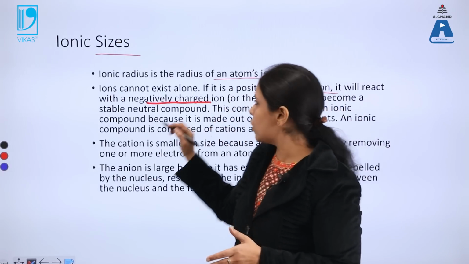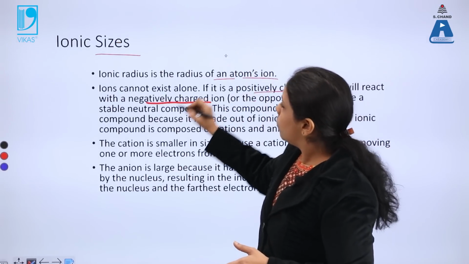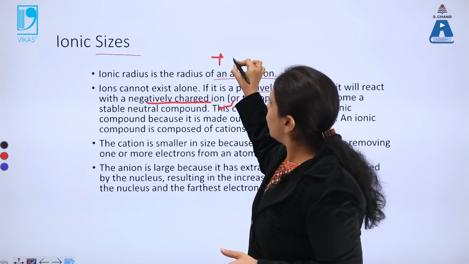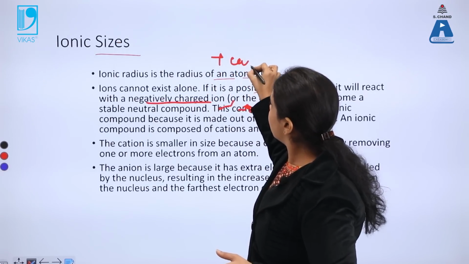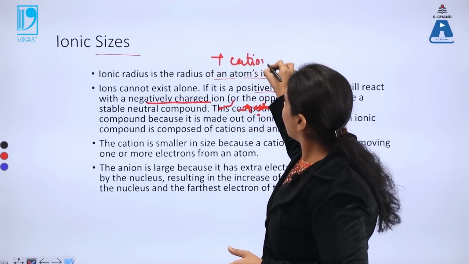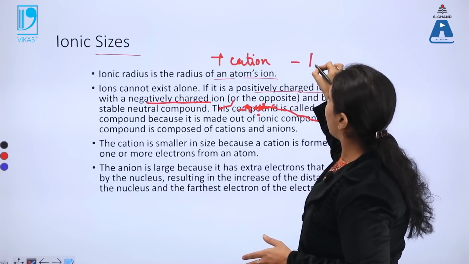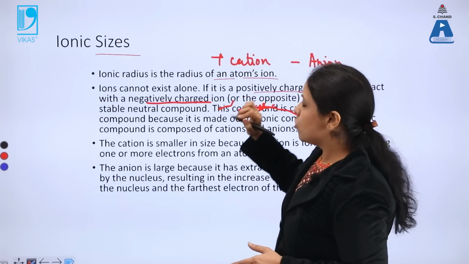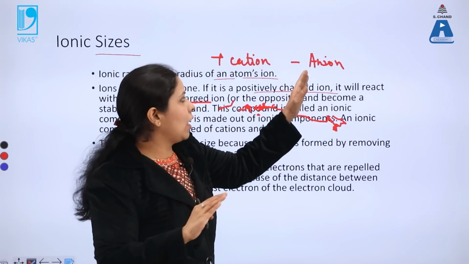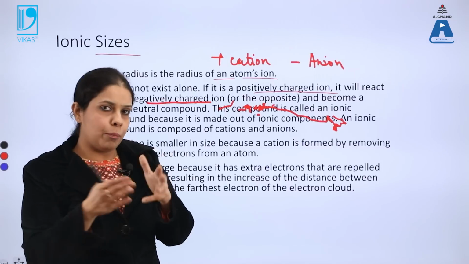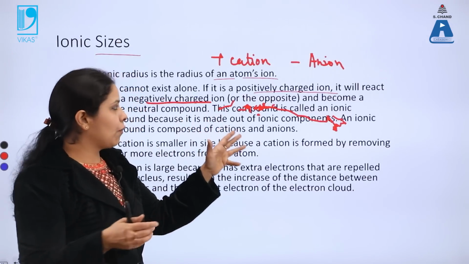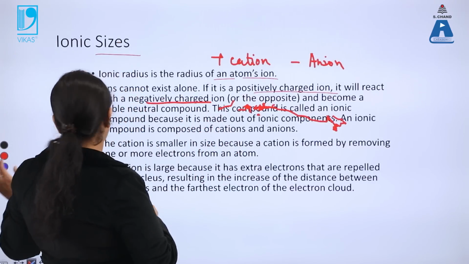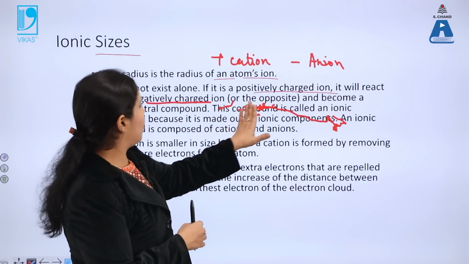So positively charged species are known as cations, and negatively charged species are known as anions. Fine. So cations and anions combine to form something which is a neutral compound. This compound is called an ionic compound.